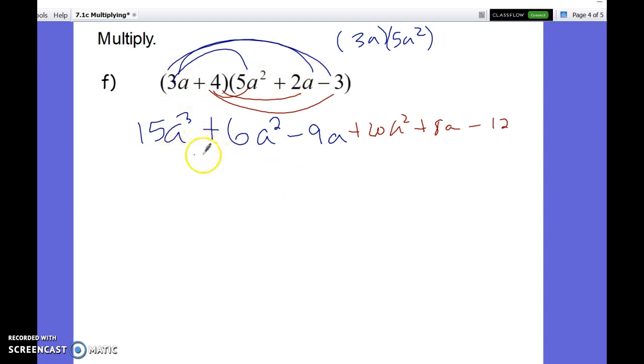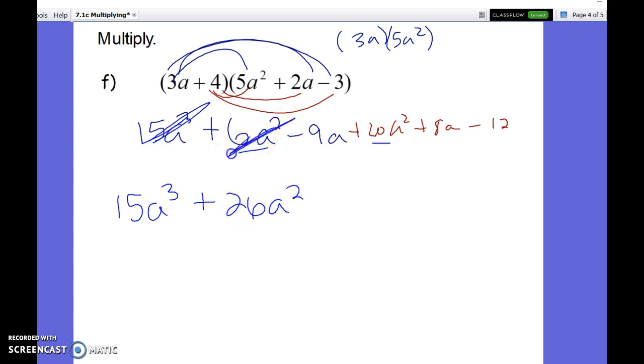So looking at my problem here, I've got 15a cubed. That is my highest exponent, so that's what needs to go first. Okay, that's the only cubed or cubic exponent I have, so now I'm looking for squared. Well, I've got 6a squared plus 20a squared. Well, 6 plus 20 is 26a squared. Okay, now I've used those, so I'm going to cross them out.